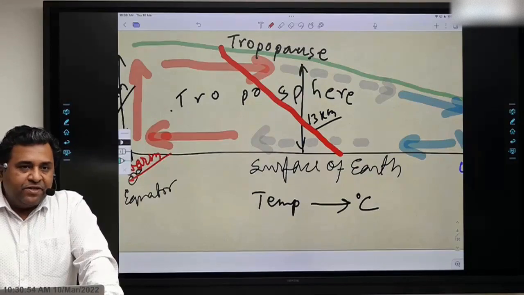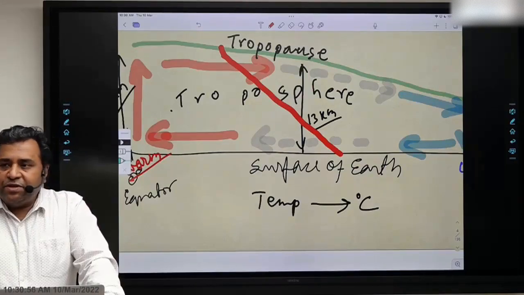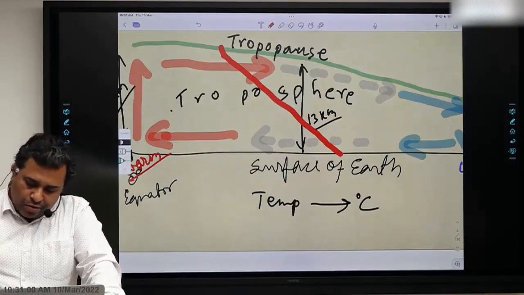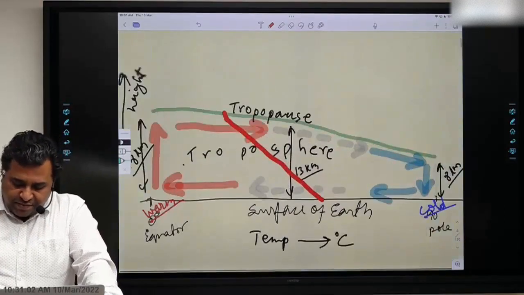Okay, so temperature wise, up to this region you find the temperature to be decreasing with height. Clear? Okay, now above this what do we have?